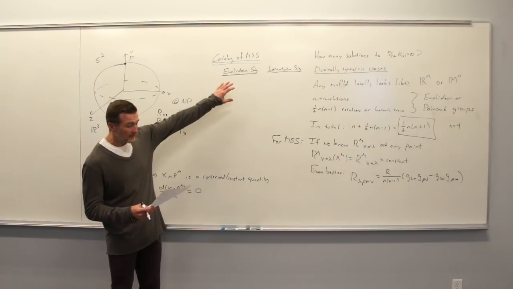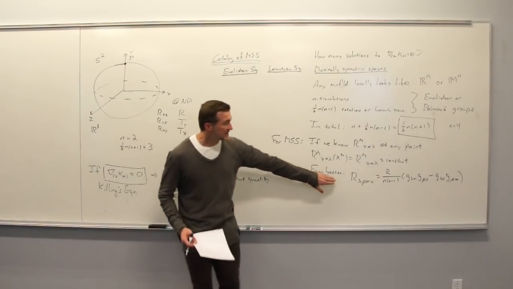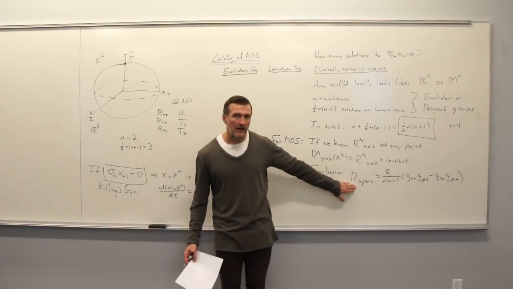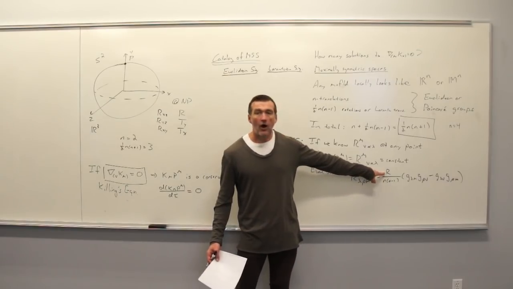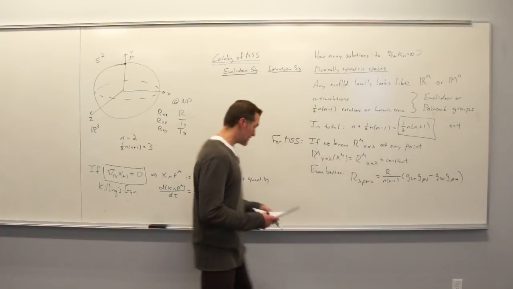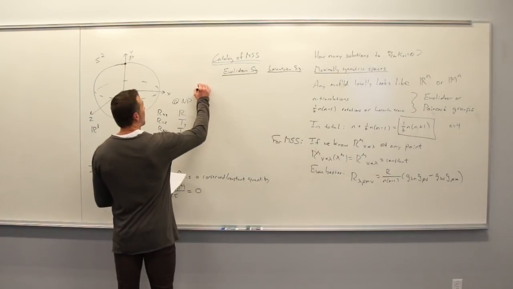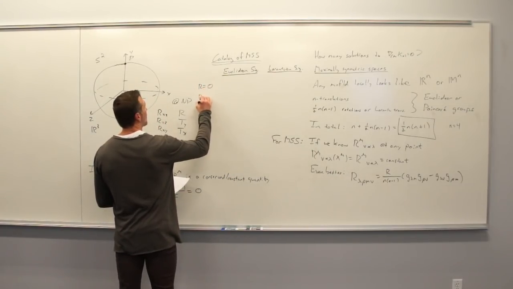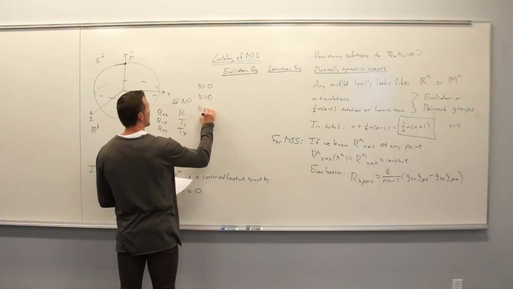Now, based on this expression, I can break all of these maximally symmetric spaces up into three categories based on R, the Ricci scalar: solutions where R is equal to 0, where R is greater than 0, and where R is less than 0.